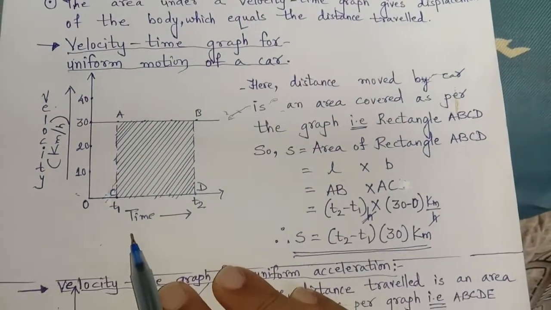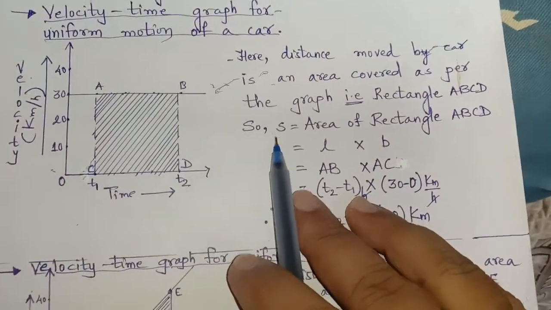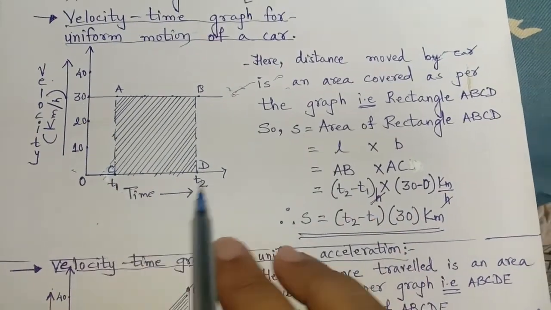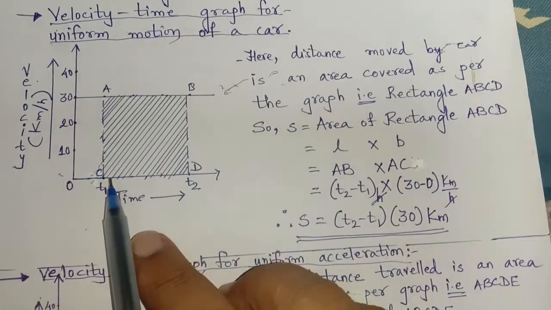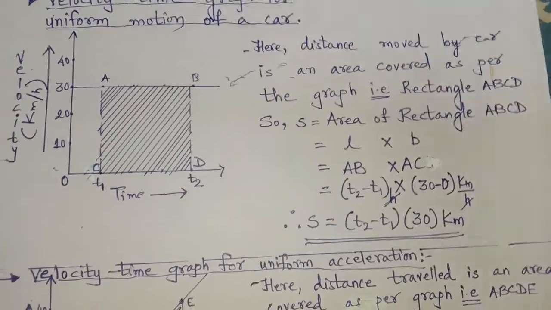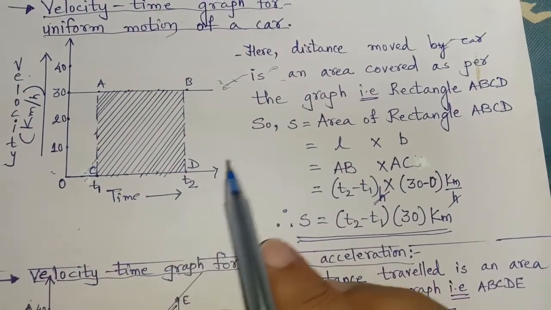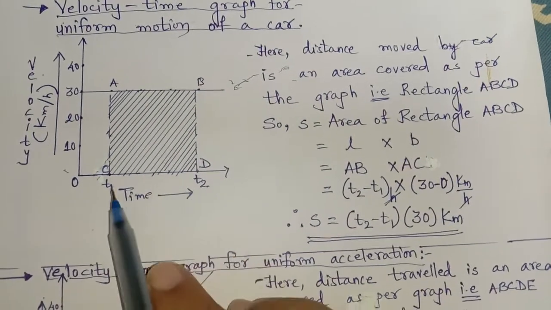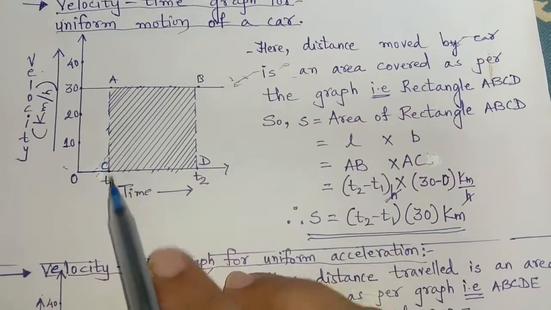So if I want to know the distance travelled here, then the distance S is equal to the area of the rectangle, which is length into breadth. If we consider length as AB or CD, and breadth as AC or BD, then AB, which is parallel to T1, T2, is T2 minus T1, and AC is equal to 30 km minus 0.